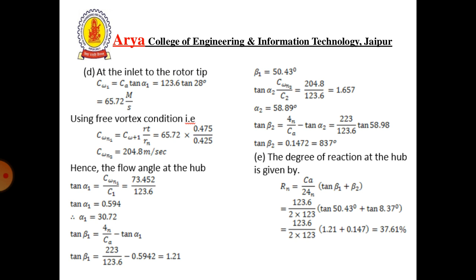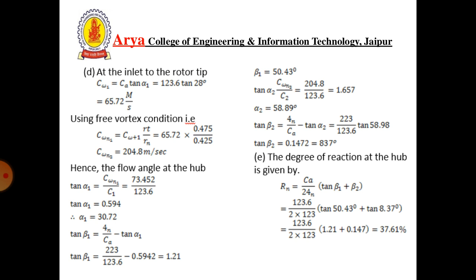Alpha 1 equals tan inverse of 0.594, equal to 30.72 degrees. Similarly, tan beta 1 equals U_h upon Ca minus tan alpha 1, and beta 1 can be calculated as 50.43 degrees. Tan alpha 2 equals Cw2 upon Ca, and alpha 2 can be calculated as 58.89 degrees. Similarly, beta 2 can be calculated as 83.